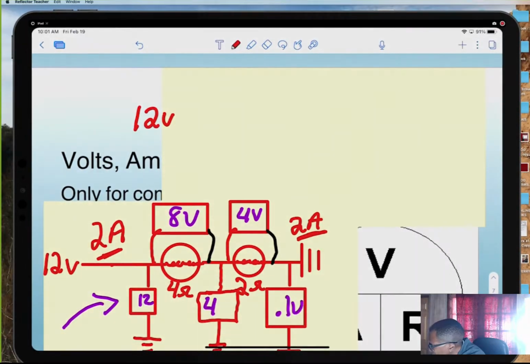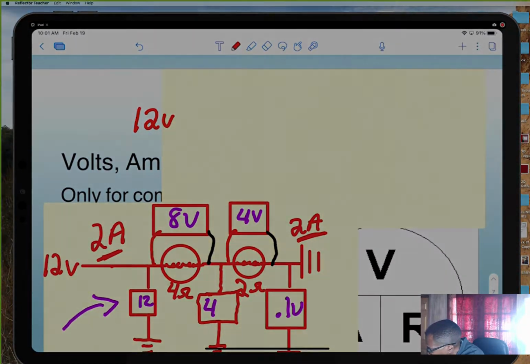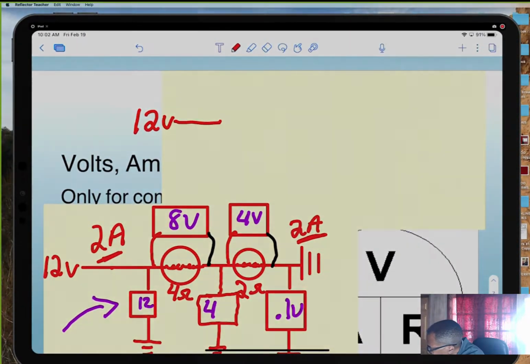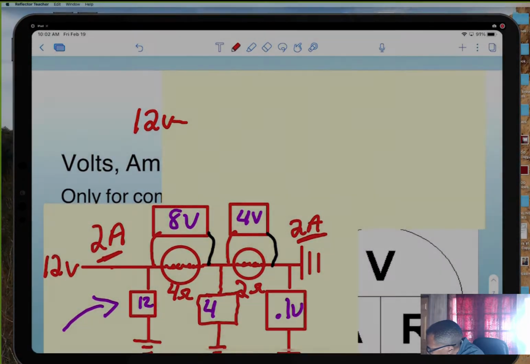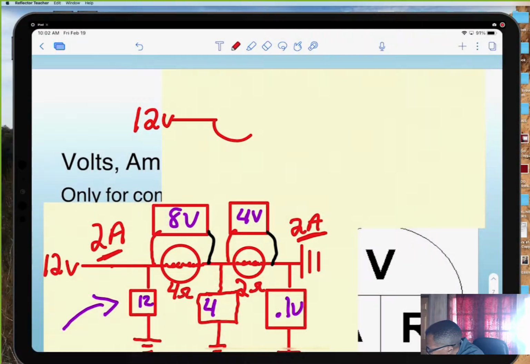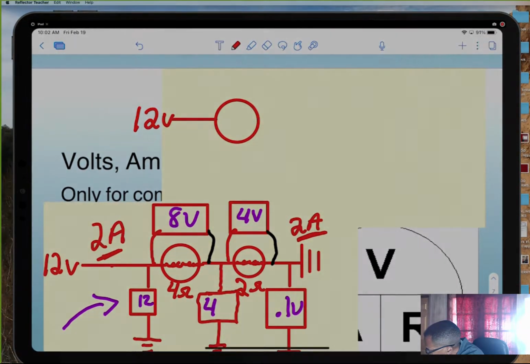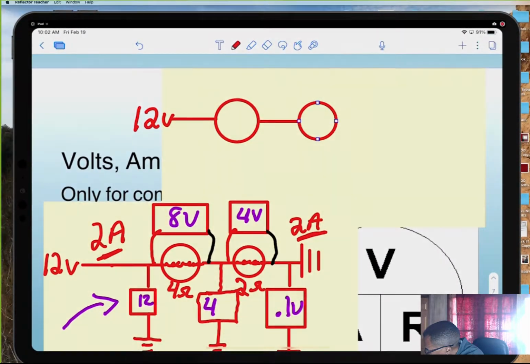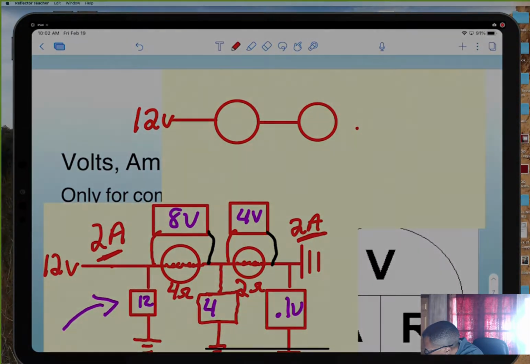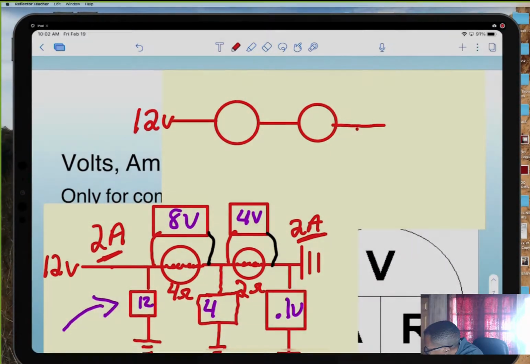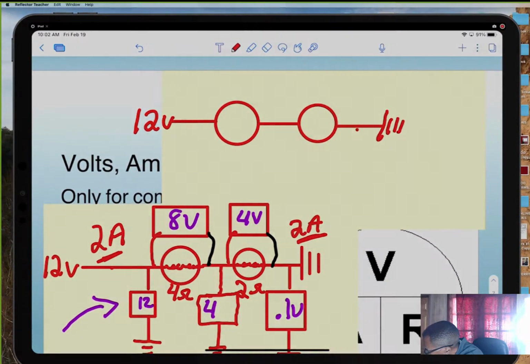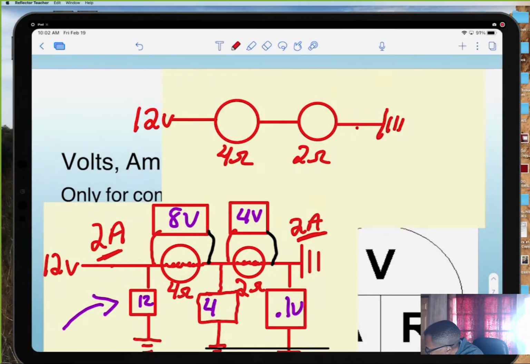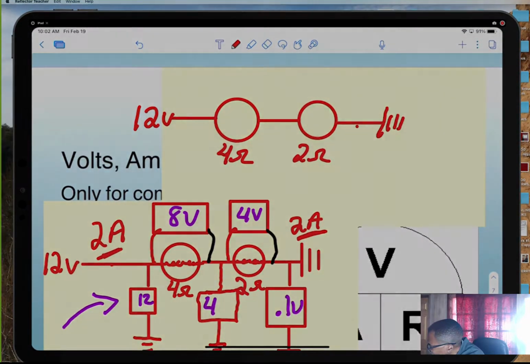Let's say I had 12 volts. I'm just going to redraw this. We should try one with not a whole number.